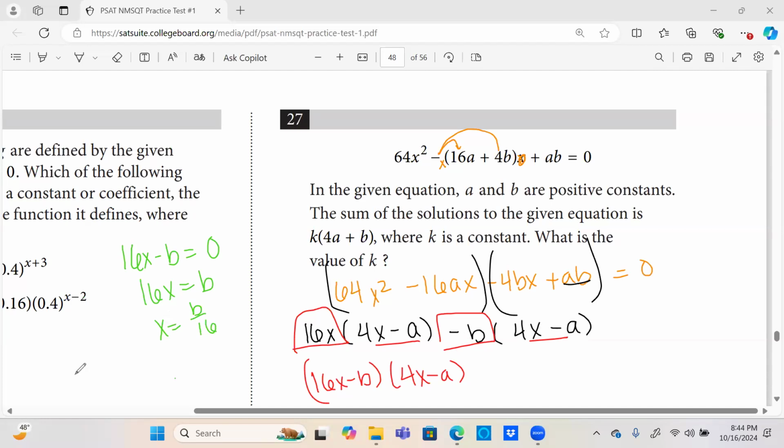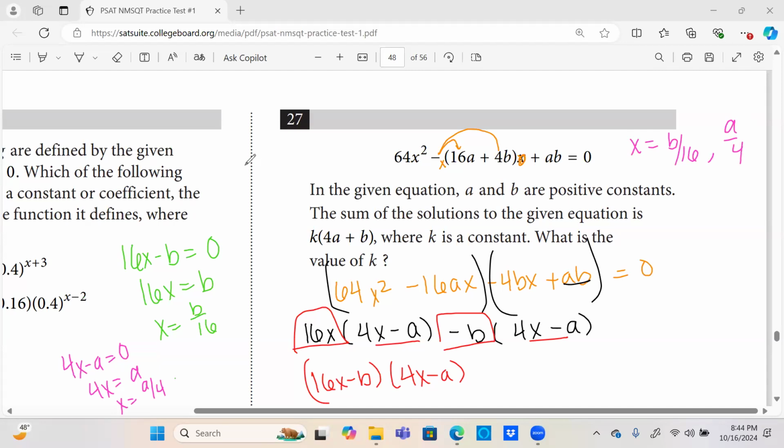And now the other one, 4x minus a equals 0. 4x equals a, x equals a divided by 4. Okay, so our two solutions are b over 16 and a over 4.